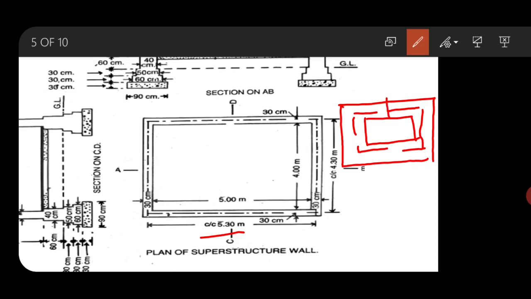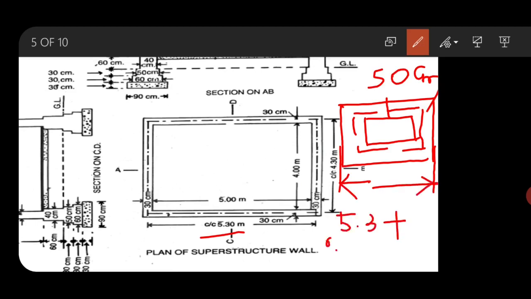What about the width? This width is 50 centimeter for second footing. So what will be the total length? The total length will be the center to center length plus the corresponding width, 0.5, as we are doing the calculation of brickwork of second footing. So we will add half of the width on one side and half of the width on the other side. This will give us the out to out dimension of the brickwork.